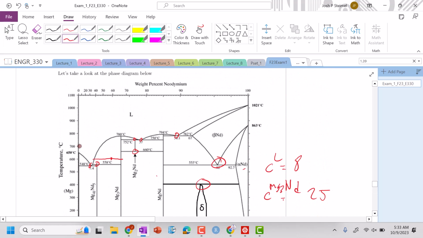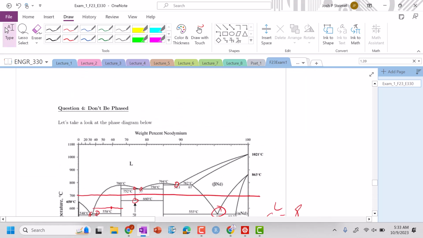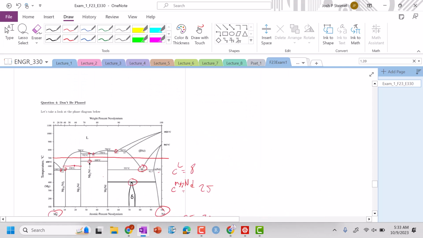All right, let's get to it. So that is my diagram here. So if I look at it, free energy versus X, I'm entering a two-phase region here, another two-phase region here, another two-phase region here, another two-phase region here, and then another single-phase region here.